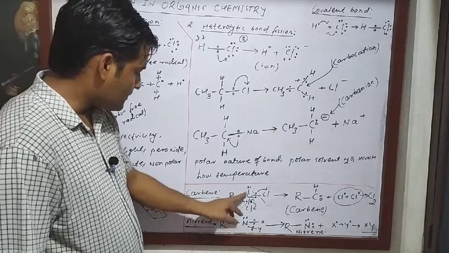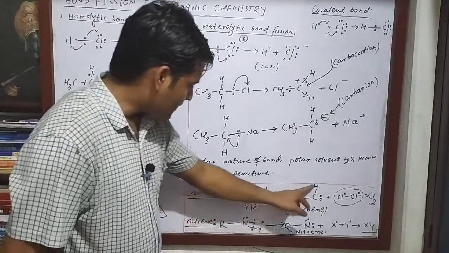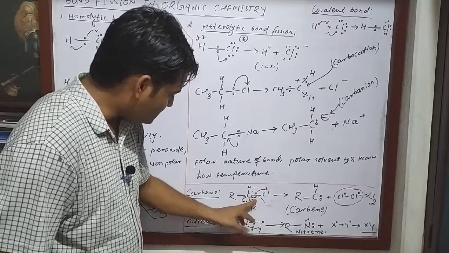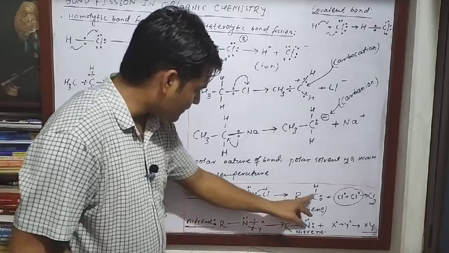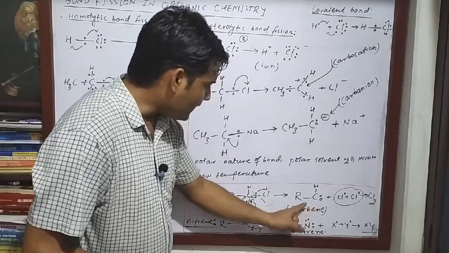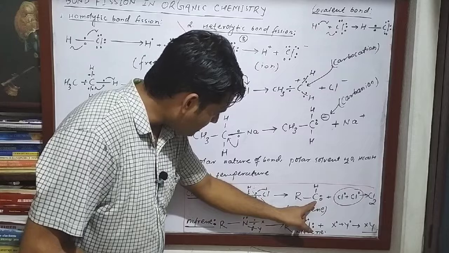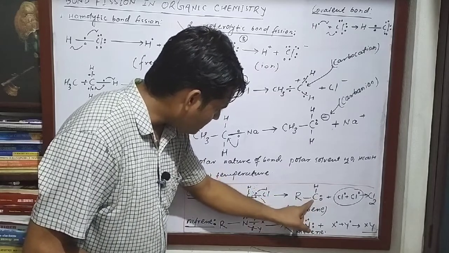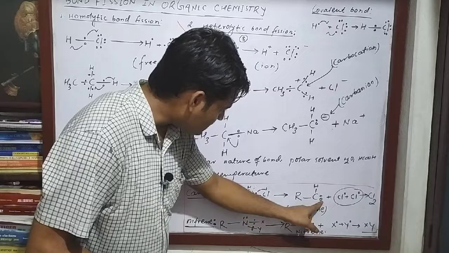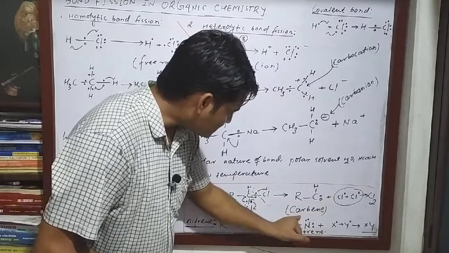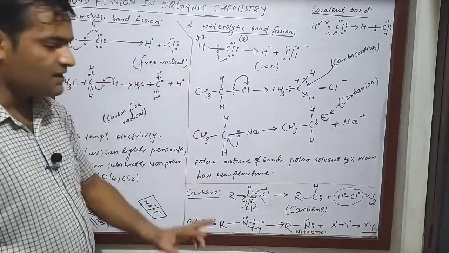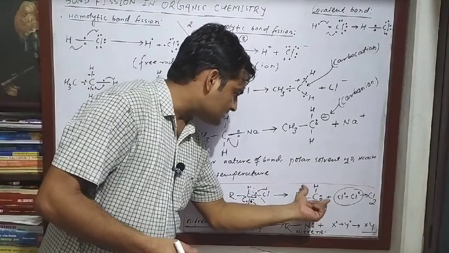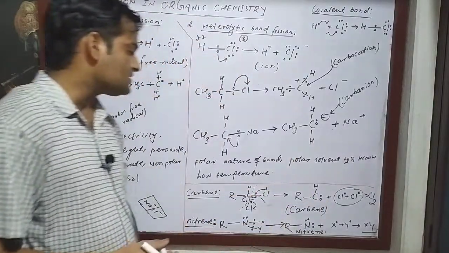Here carbon contains 1 hydrogen and 1 alkyl group, and from homolytic fission of 2 covalent bonds carbon gains 2 electrons, and this carbon atom, having 2 covalent bonds, a divalent carbon atom with 1 lone pair of electrons and chargeless, is called a carbene. And there are 2 types of carbene, singlet and triplet, which I will discuss in the next video.